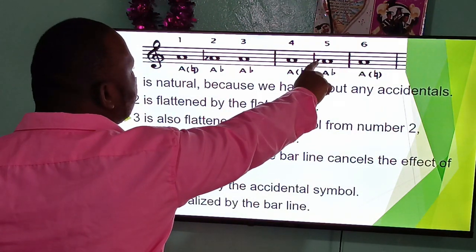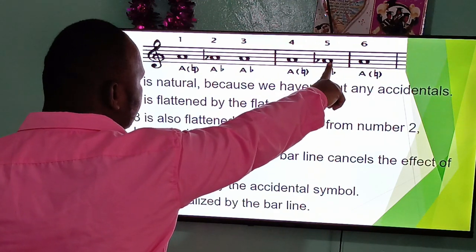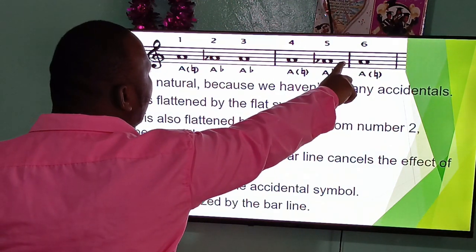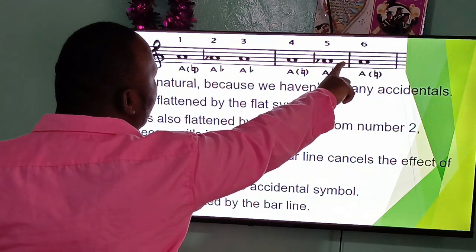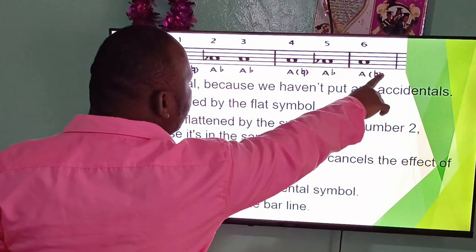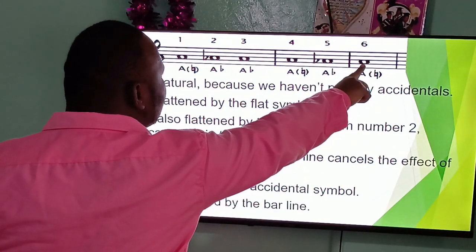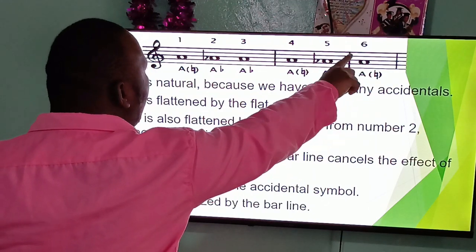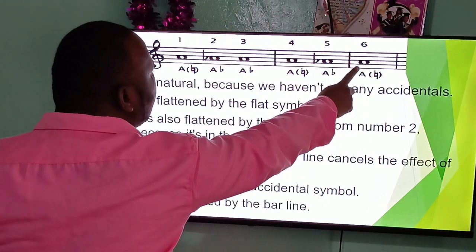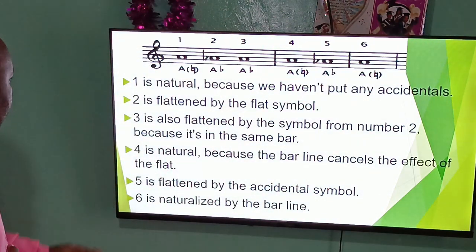But if we put a flat here, this will be read as A flat. If we draw another note without an accidental, it will also be A flat until we put a bar line. And here we have A natural. This has been rendered as A natural because of this bar line. Otherwise, if we remove this bar line, we shall read this as A flat.